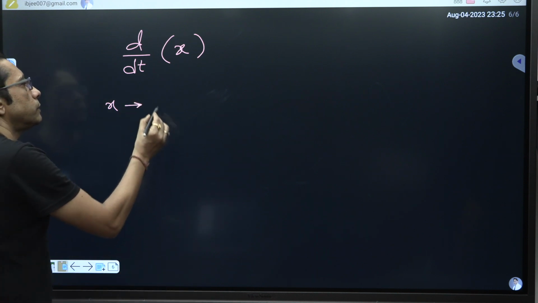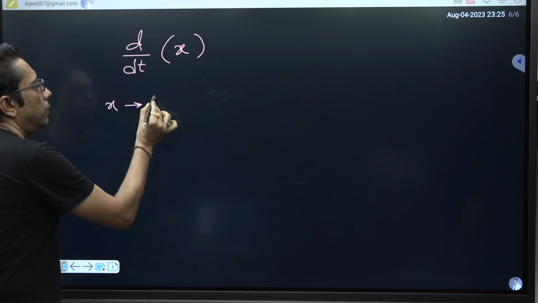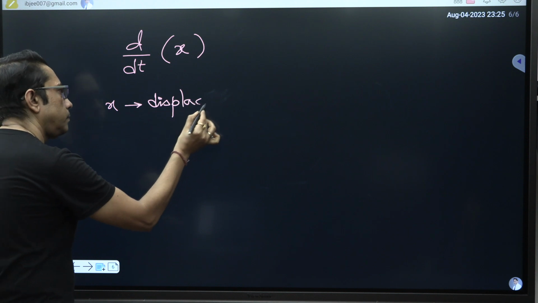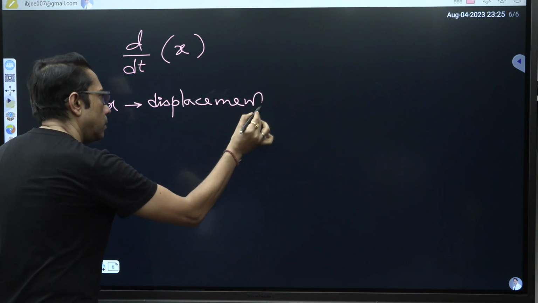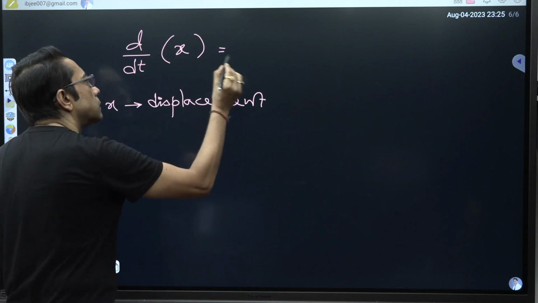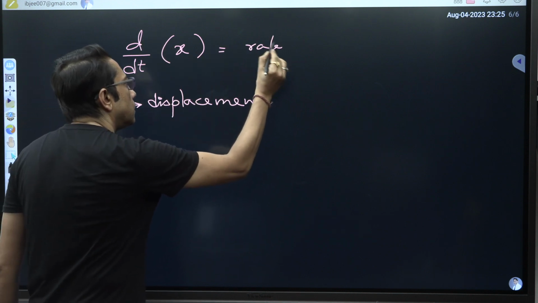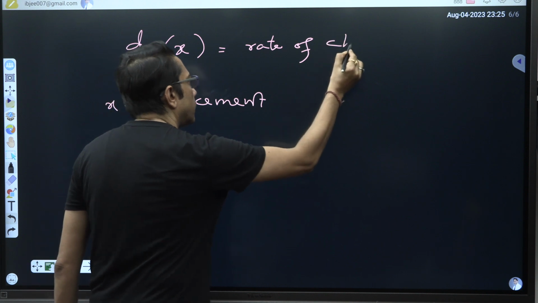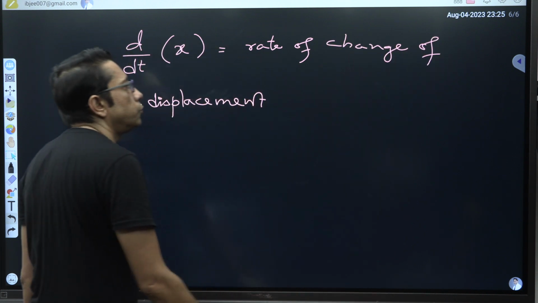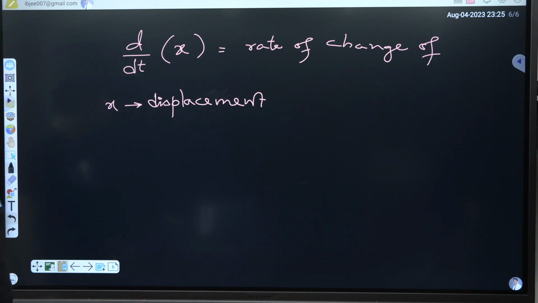Suppose we want to represent x by displacement. So if x is displacement, d/dt of x will mean rate of change of what, and with respect to what? Displacement with respect to time.